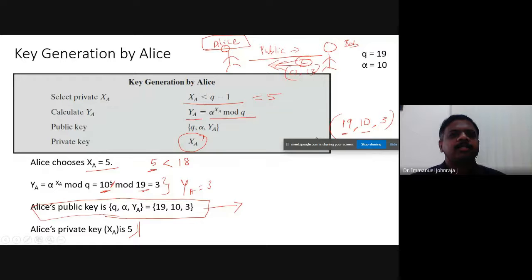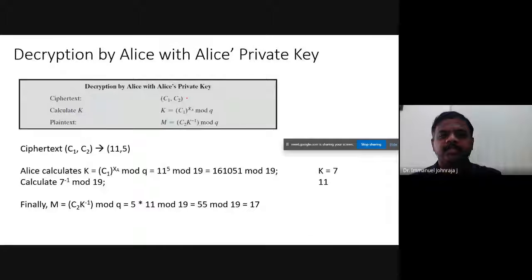All right. Now Alice has got a ciphertext which is encrypted by her public key. According to the process, this ciphertext can be decrypted by using the private key of Alice. What is the private key of Alice? It is X, which is 5. Let's see that demonstration as well. Now Alice has two ciphertext values, C1 and C2. She calculates capital K, and then she calculates the plain text.